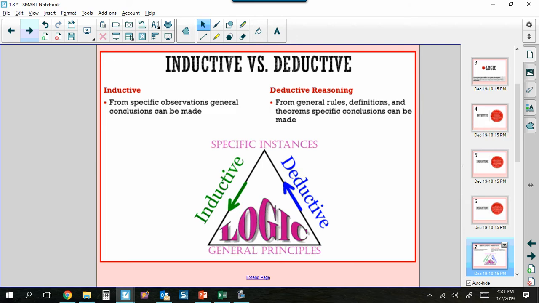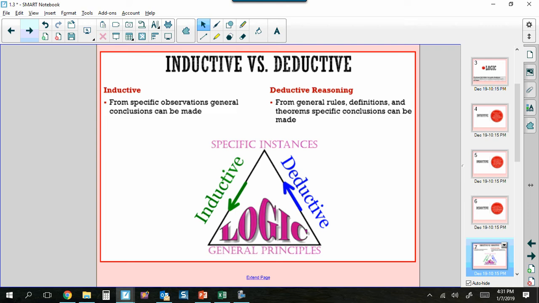Inductive reasoning is when something was tested on something specific and then a general thesis or a general idea was made from it. Whereas deductive is a very general statement about all things, and then you can specifically apply it to the specific case that you're working on.